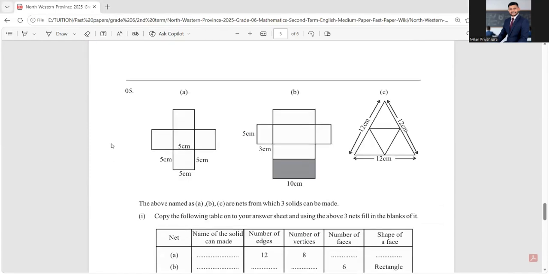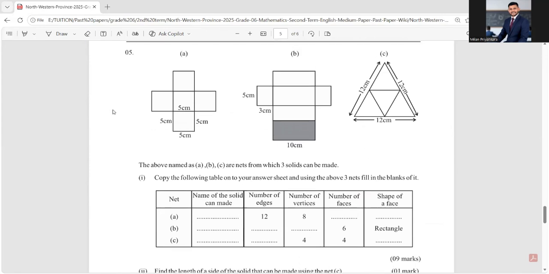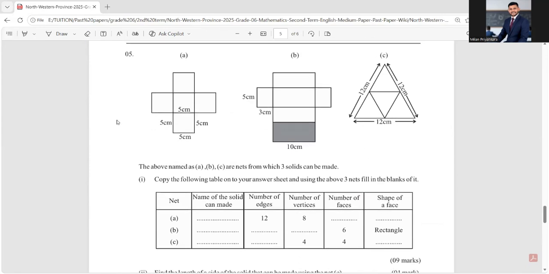And then going to the fifth one, the above named as A, B, C are nets from which three solids can be made. Copy the following table onto your answer sheet and use the above three nets to fill in the blanks. Okay. Here one thing is missing, the cube.